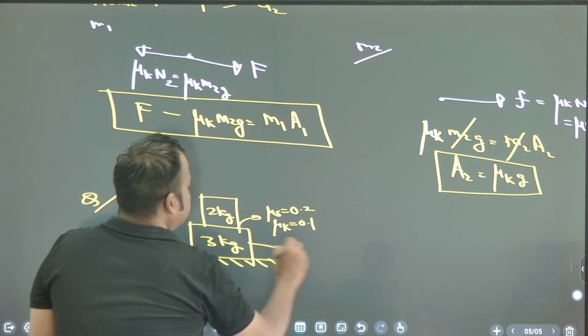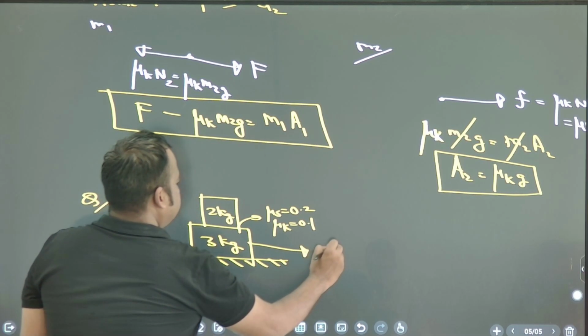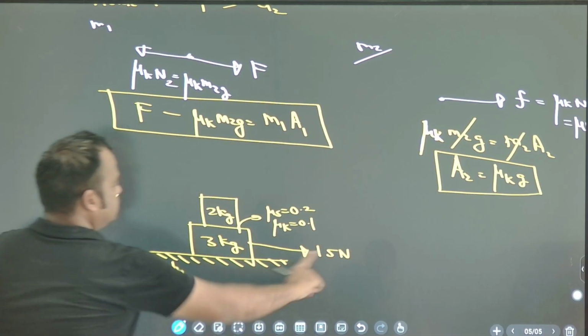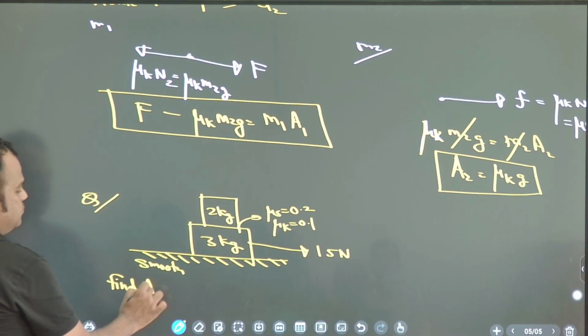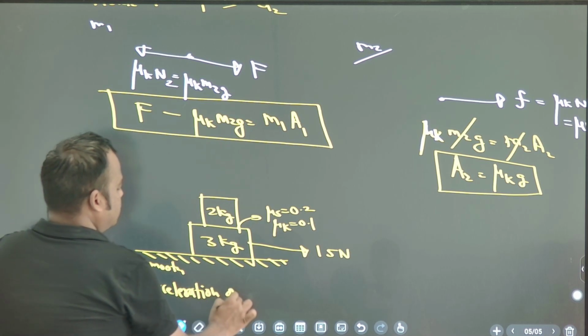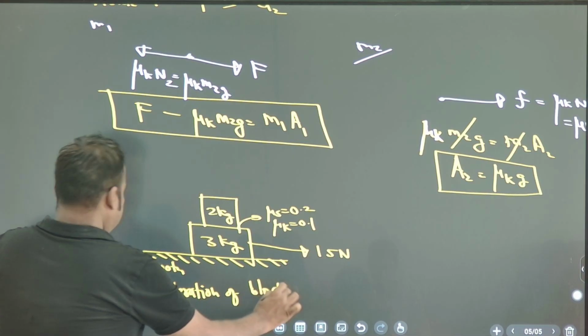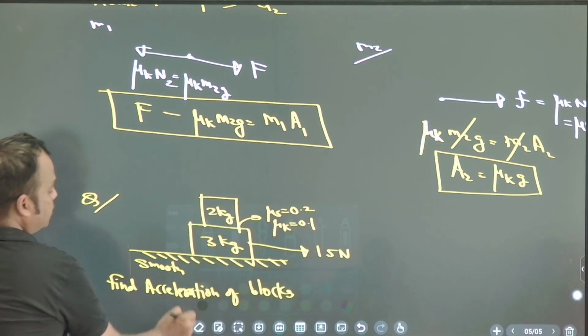Now I am exerting 15 Newton. Find accelerations of blocks.